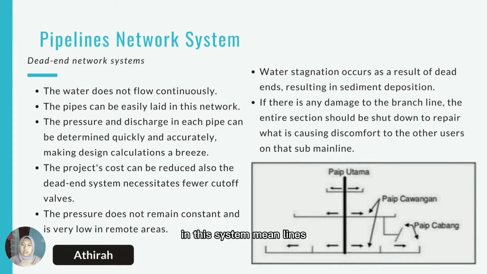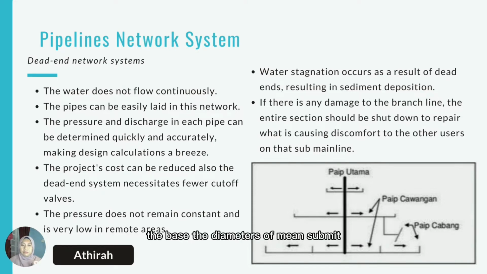Main lines, submains, branch lines, and also service connections are examples of the dead-end network system. A few advantages can be found, which are the pipes can be easily laid in this network. Besides, the pressure and discharge in each pipe can be determined quickly and accurately, making design calculations a breeze.